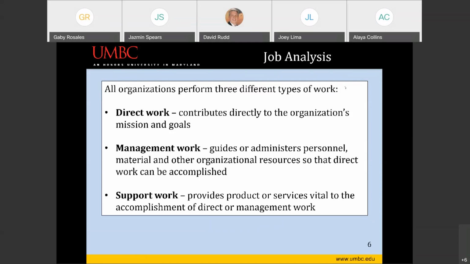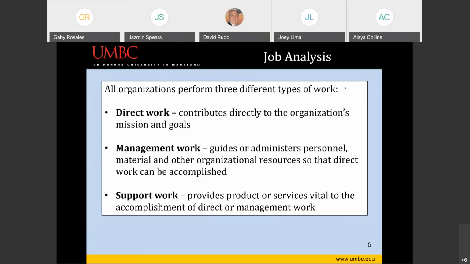Now, the support workers would be responsible for their specific area. So for instance, in the organization I work for, as the example, we had a whole division that did nothing but support work. Even though there were managers and supervisors within it, you have to look at the entire organization as a whole. So we supported the entire organization with financial, budget, contracting, those kinds of things. So does that help?